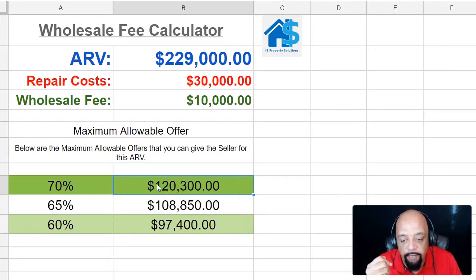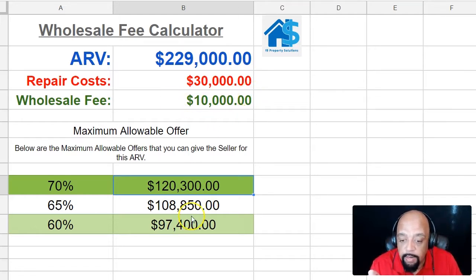So that another investor, you need to sell that contract at 120. You need to sell it to them at $130,000, right? That's what you want to sell it at. So if you do sell it at this, and you purchase it, you did the agreement for $120,000, you'll make $10,000, which is this.